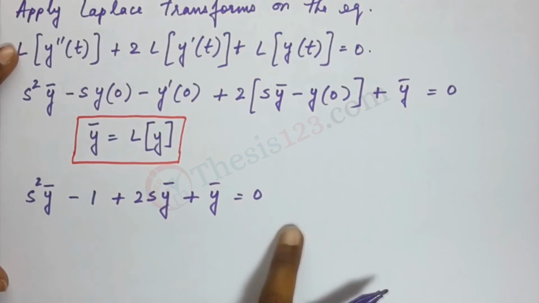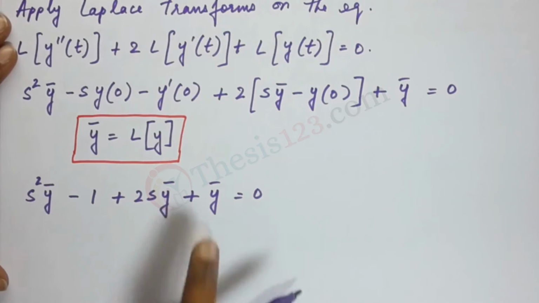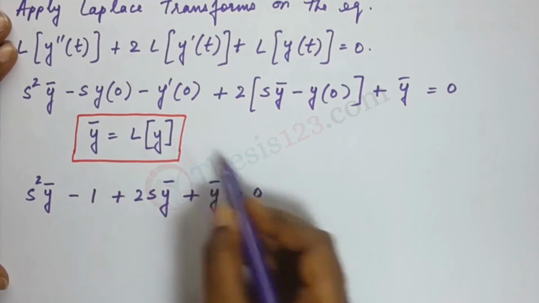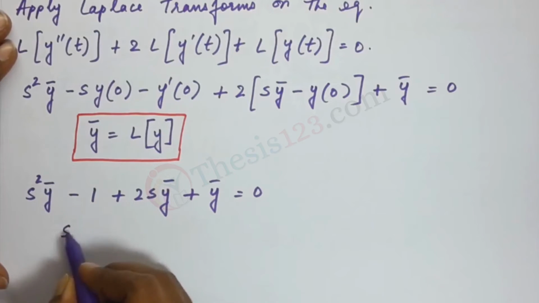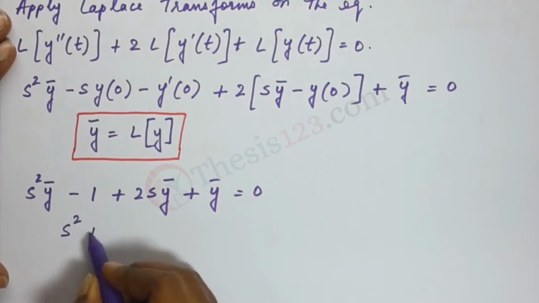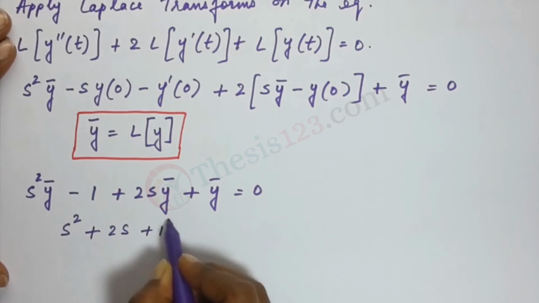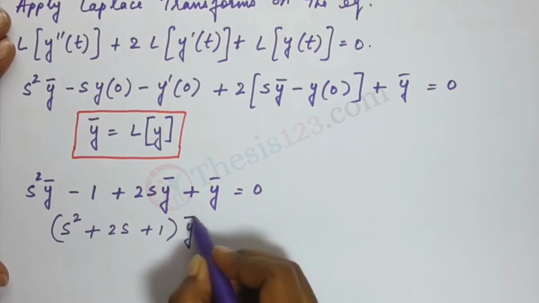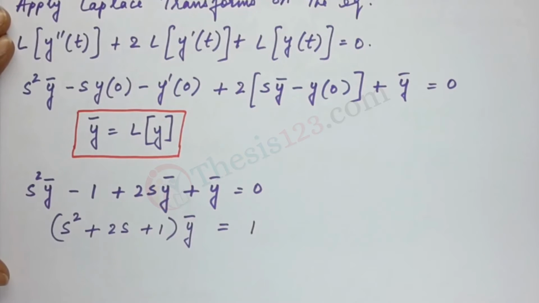Next, I'm going to take y bar common and take the constant term to the other side. So I'll have s square plus 2s plus 1 times y bar is equal to 1.